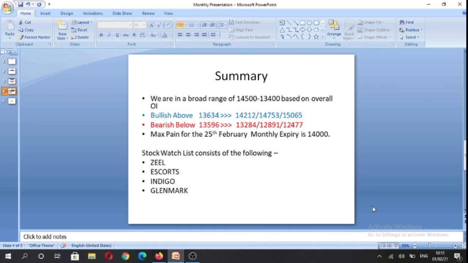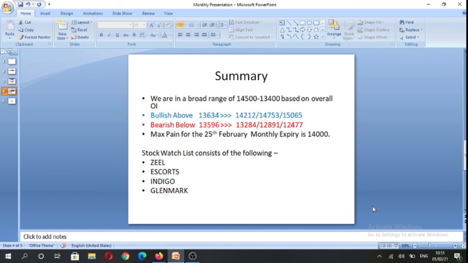And our scenario for the month of February is above 13,634, we can trade towards 14,212, 14,753, and 15,065 levels potentially. And we have to remember that on the yearly time frame as well as the quarterly time frame, the openings are at 13,996.